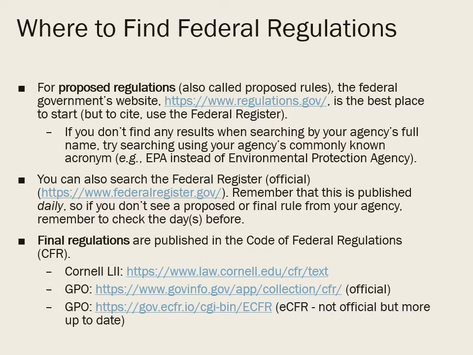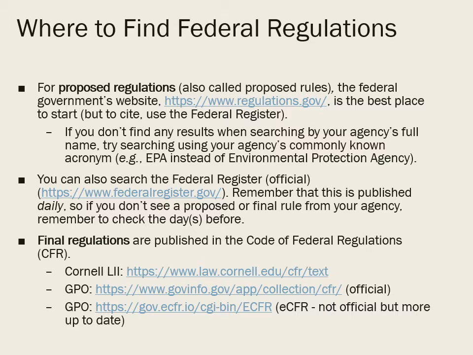Now, if you're using regulations.gov, be aware that you may need to use your agency's commonly known abbreviation or acronym, such as searching for EPA rather than Environmental Protection Agency. If you search by the abbreviation and come up empty-handed, search again with the full name of the agency and vice versa.